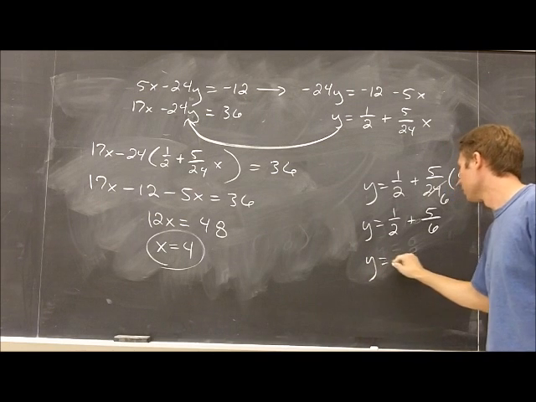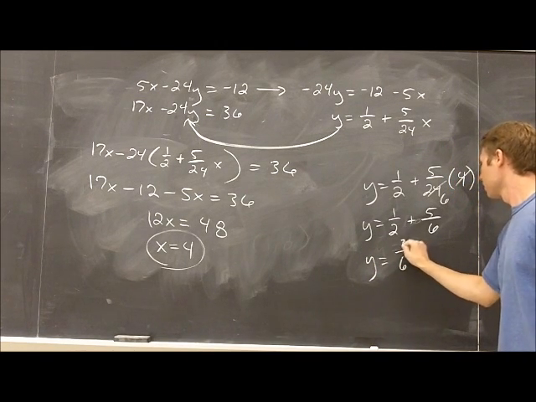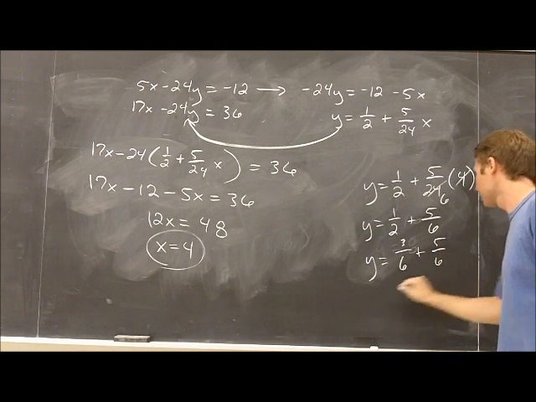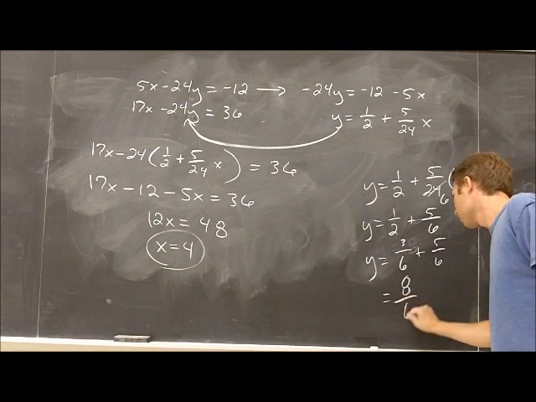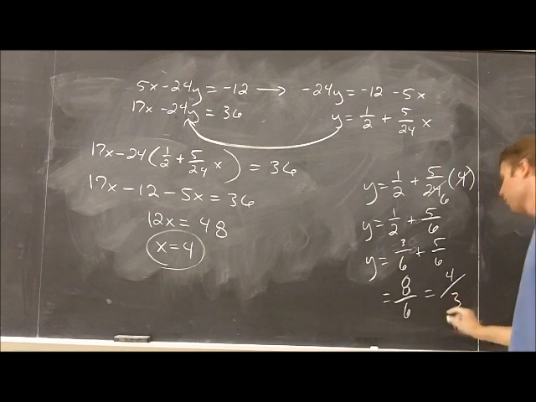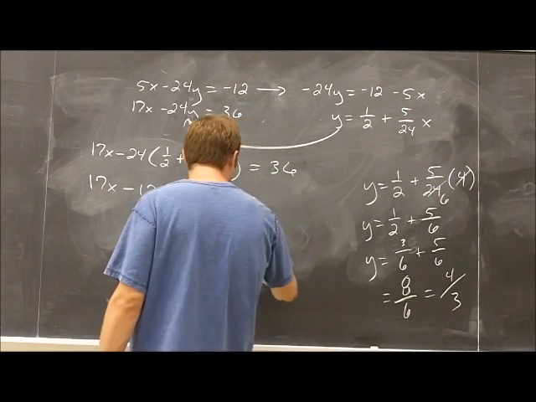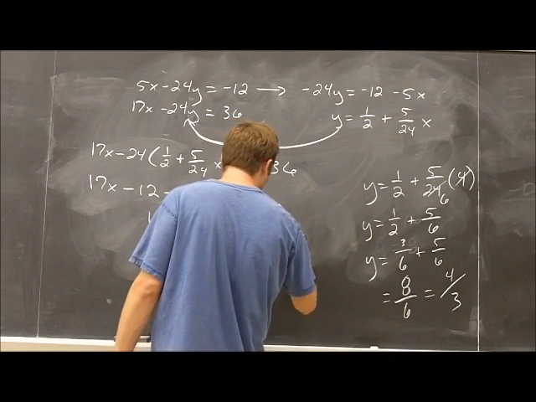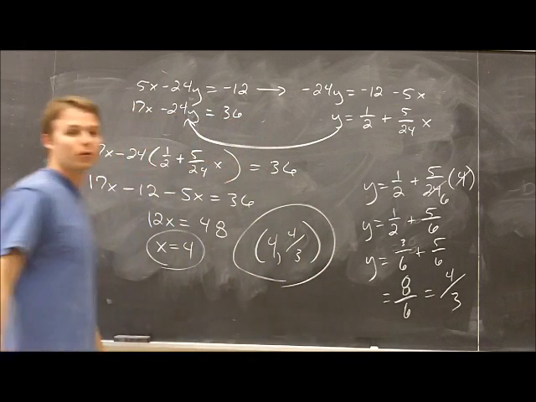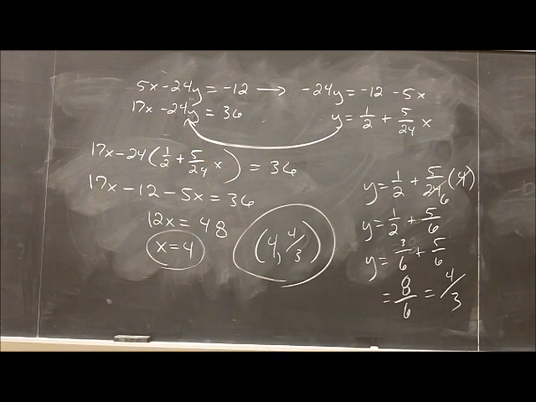So this is really going to be 3 over 6 plus 5 over 6, so 8 over 6, which is the same thing as 4/3. So that's what y is equal to. x is equal to 4, so my solution looks like this: 4, 4/3 for my solution set.